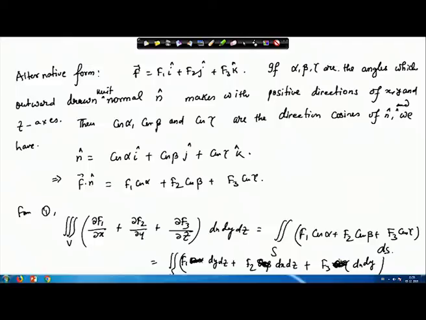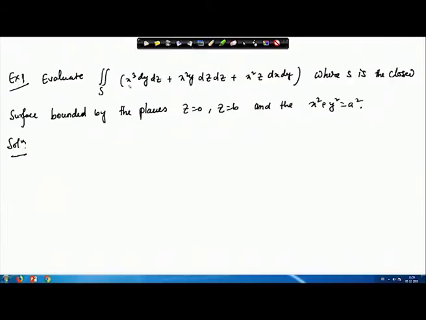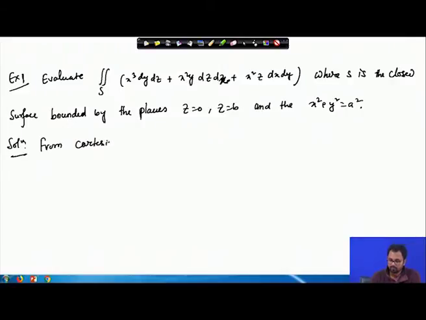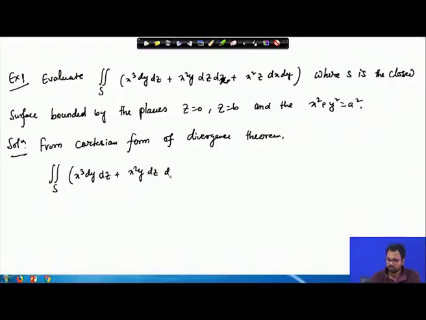So, now if I look into the formula and into this function here, this is our f1, this is our f2, this must be dz dx, and this is our f3. So, from the Cartesian form of divergence theorem, we have the surface integral over S of x cube dy dz plus x square y dz dx plus x square z dx dy.